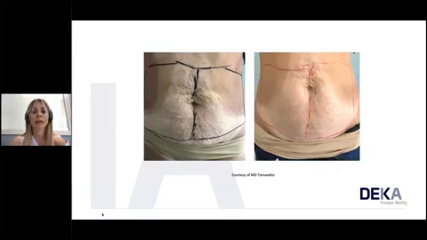And here you see that in the second image we had an improvement of the skin quality in the upper part of the belly button, but we even had a good improvement on the flanks. So we have an improvement even of the area which is around the area that we are treating.